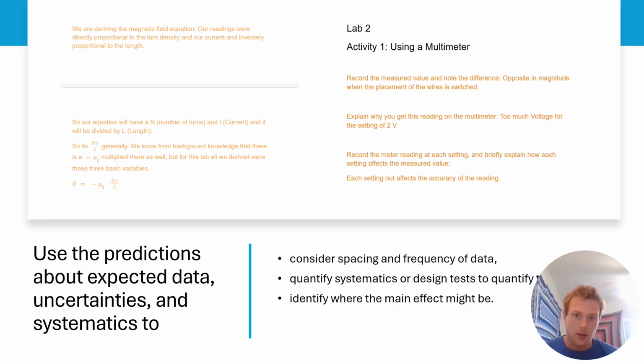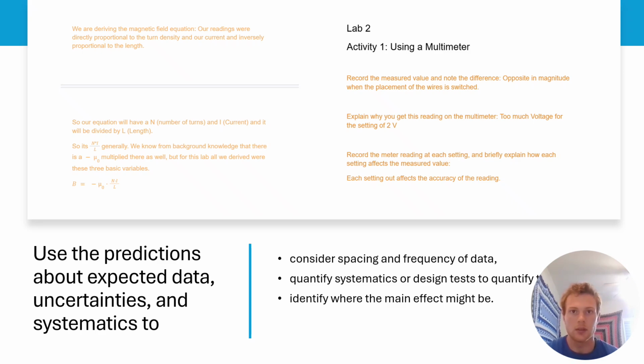And that's how we quantified the schematics and designed the tests: knowing what to hold constant, what to change, based on what the main effect might be, and you just go from there, try to figure it out on your own, and figure out what that main effect is from the data.